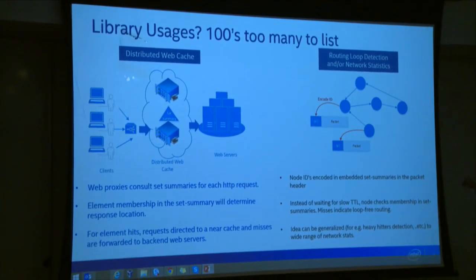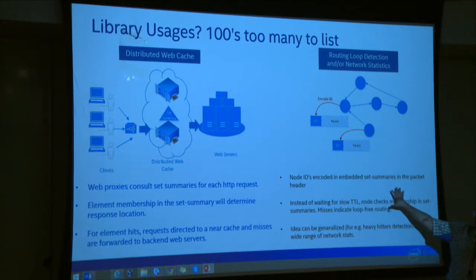As the packet is going around, each node is checking, have I seen this packet before or not? I know that if my ID is in the set summary, so I go and check the summary to know whether my ID is there or not. If I see myself, this means I have a loop. This will be faster than waiting for TTL to time out.